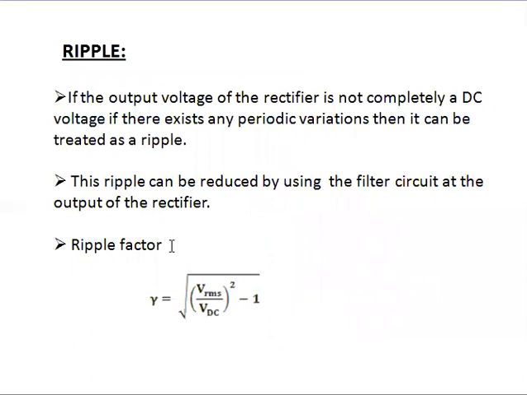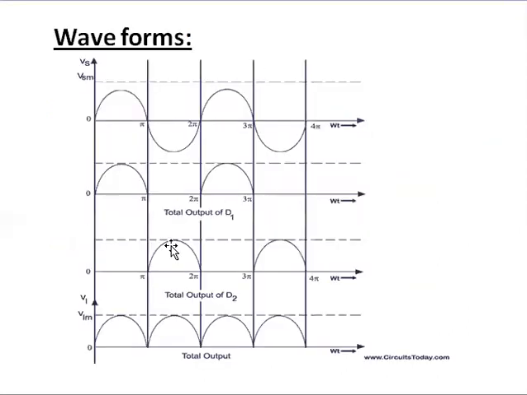And coming to the ripple, if the output voltage of the rectifier is not completely a DC voltage, if there exist any periodic variations, then it can be treated as a ripple. If you observe the output of a bridge rectifier, this is the output. This is also called an AC waveform, because it is also an alternating waveform with respect to time.